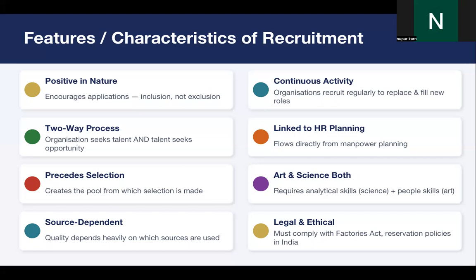So these all are the terms that are a very important part of recruitment. What are those? Positive, it is positive in nature. It's a two-way process. Receipt selections. It's a source dependent, continuous activity linked to HR planning, art and science both, and legal and ethical. Now we'll go to the next slide.